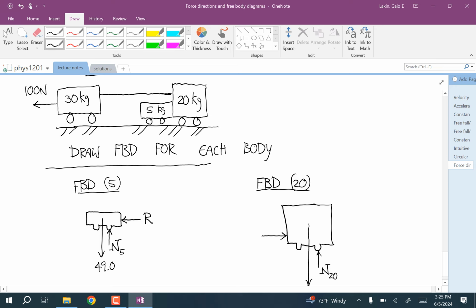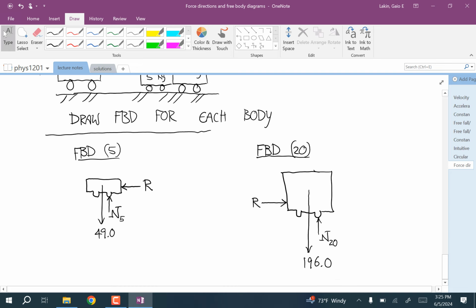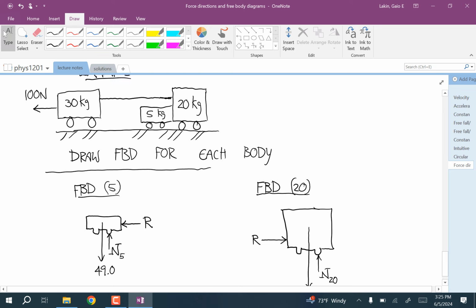And since that is a pushing force between the 5 and the 20, that has to have the same variable name as that same contact force on the 5. So I'm going to call that R because I already called the one on the 5 R. And now the last thing is the pulling force from the cable.